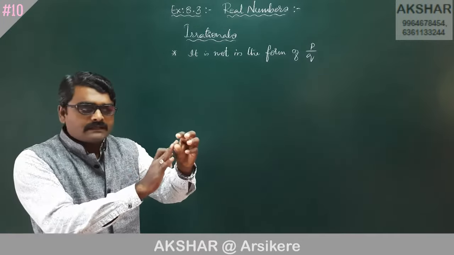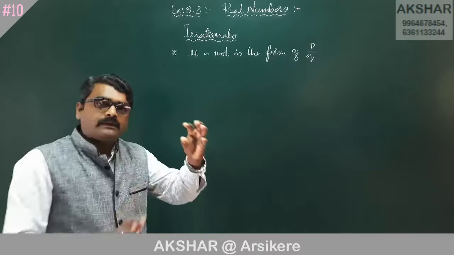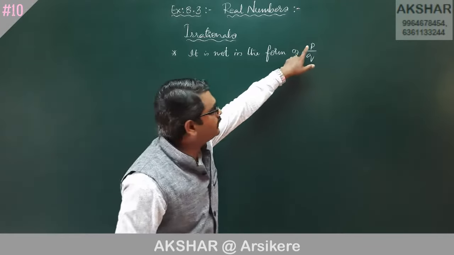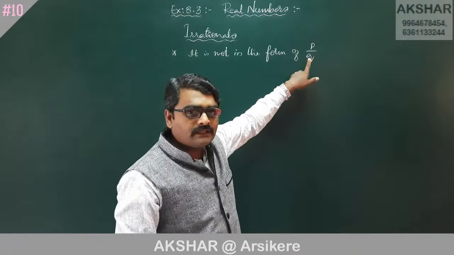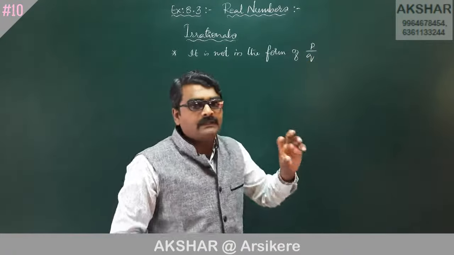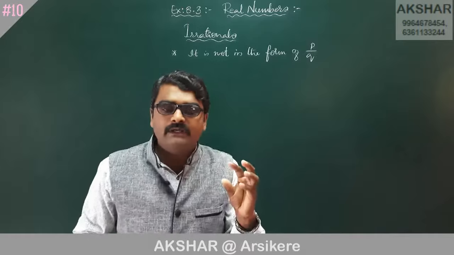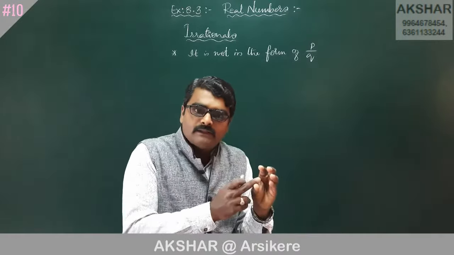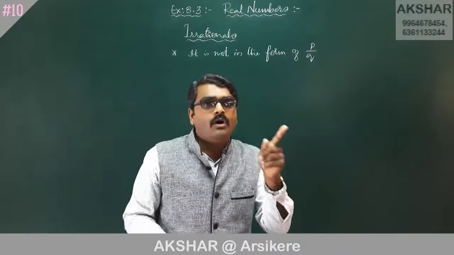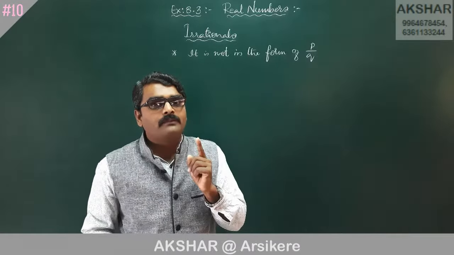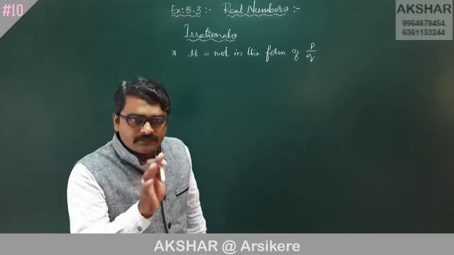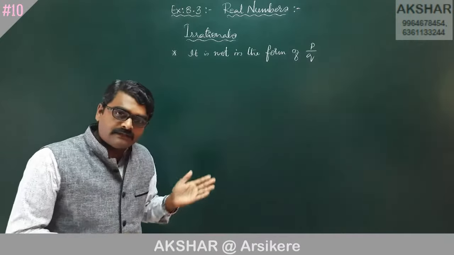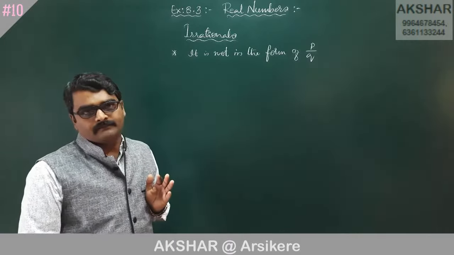If you divide P by the number Q, then the obtained quotient should be terminating or non-terminating recurring decimal. For example, we discussed this already in the previous class.